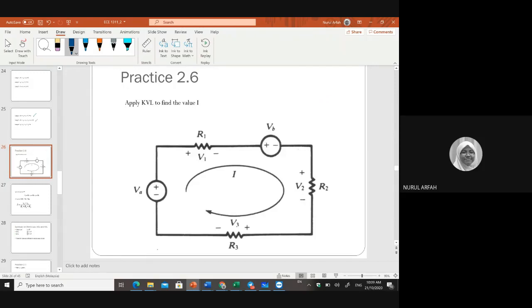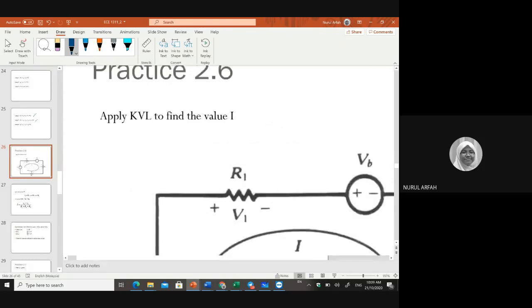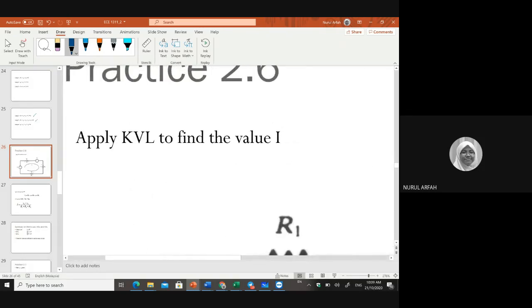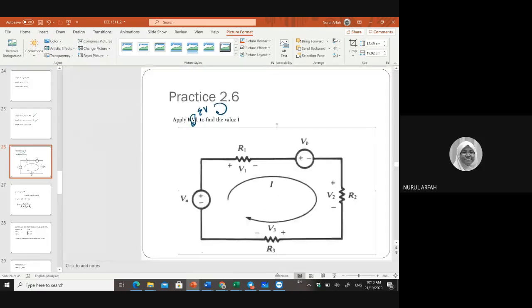You're going to apply KVL. If you are still confused which one is which, just look at the middle part. If this is a V, then you sum up all voltages around a closed loop. Then you're going to find the value of I.